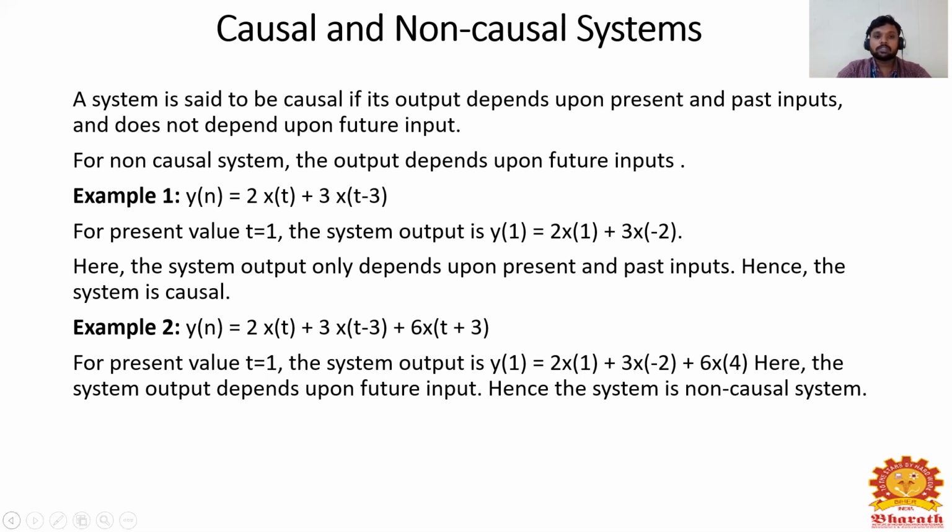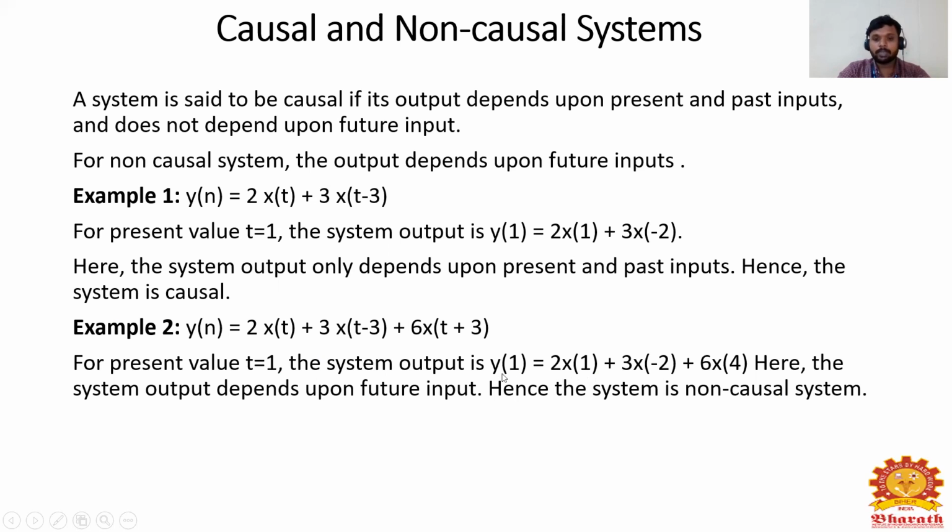So what is a causal and non-causal system? If its output depends upon the present and past input, then the system is called causal. If the output depends upon the future input, then the system is called a non-causal system. In example 2, I have given the present value t is equal to 1. For the output, I'm getting x of 1, which is a present value.